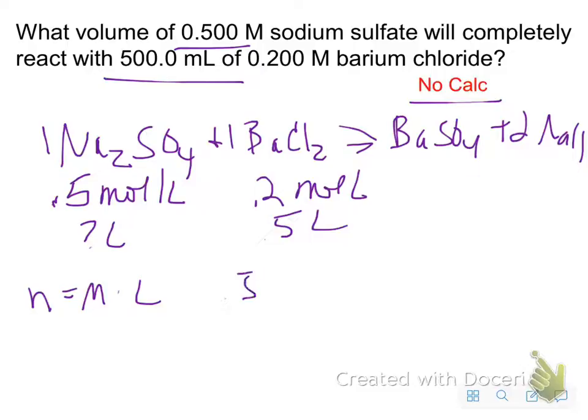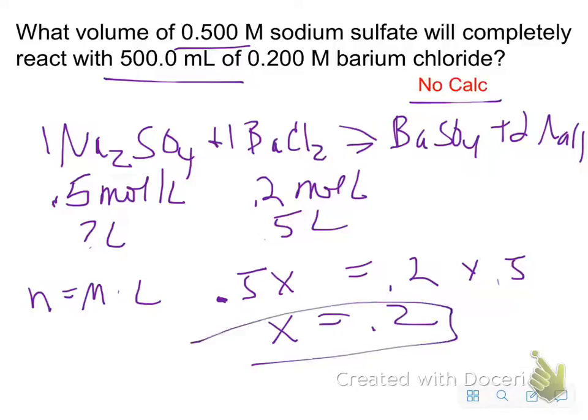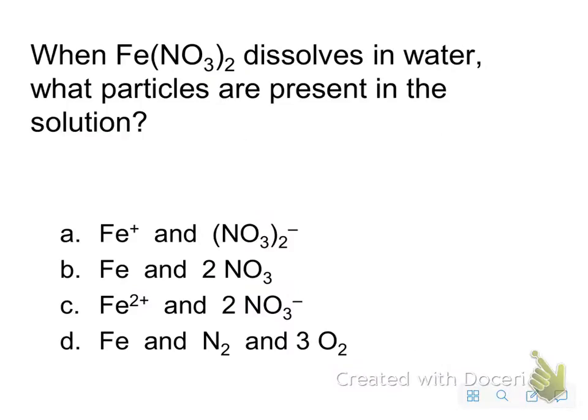So 0.5 x is equal to 0.2 times 0.5. Well, I think it's obvious here that x is 0.2. Okay? So I need 0.2, and because this is liters, I need 0.2 liters, or 200 milliliters.